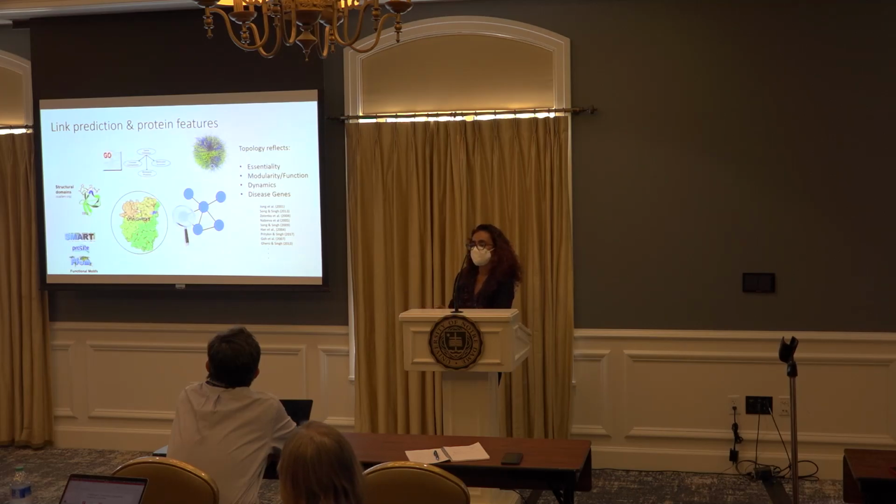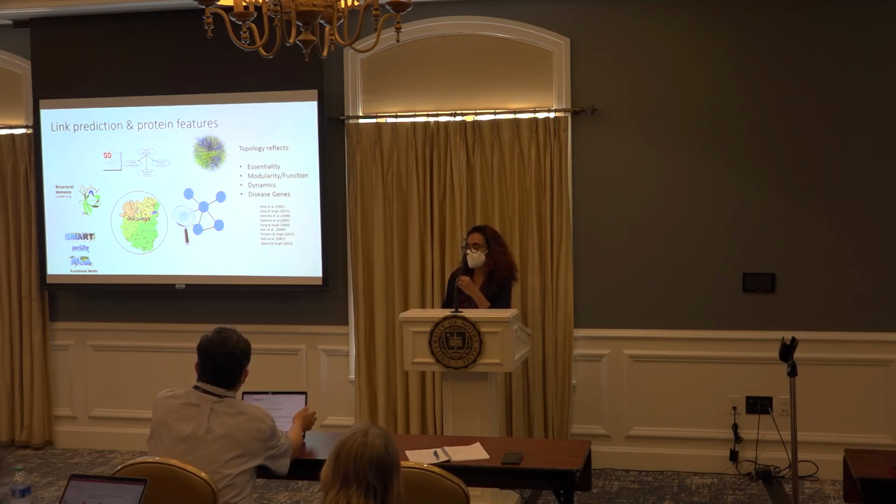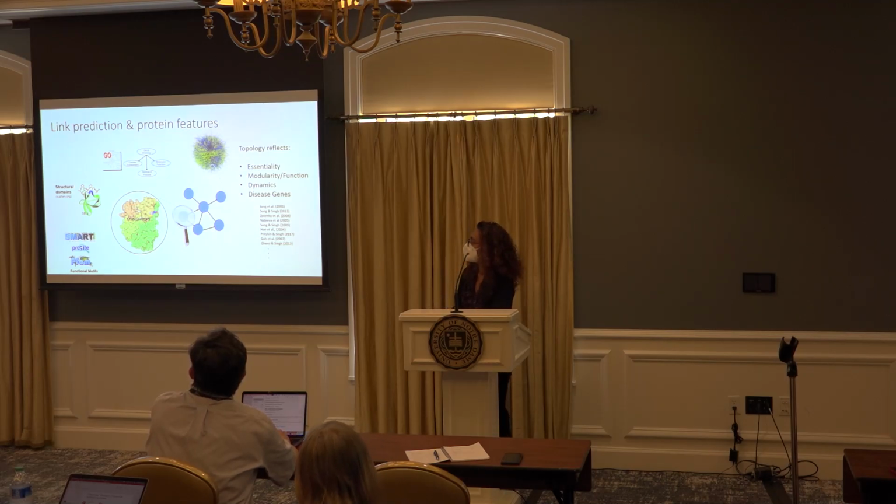But I think it's important to look under the hood a little bit and see that these nodes have various types of well-known features. This is before getting too deep into sequences, which we'll talk about in a second. People have determined particular annotations over the years that are associated with these proteins.